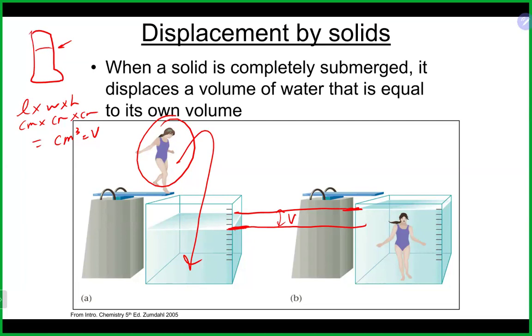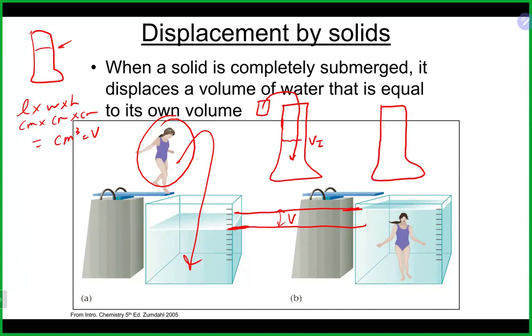Very common, like you're going to do today, you will take a graduated cylinder, fill it up with some water, and take an initial volume reading. You'll take a solid object and put it in. It will cause the liquid level in your graduated cylinder to rise to a final volume.